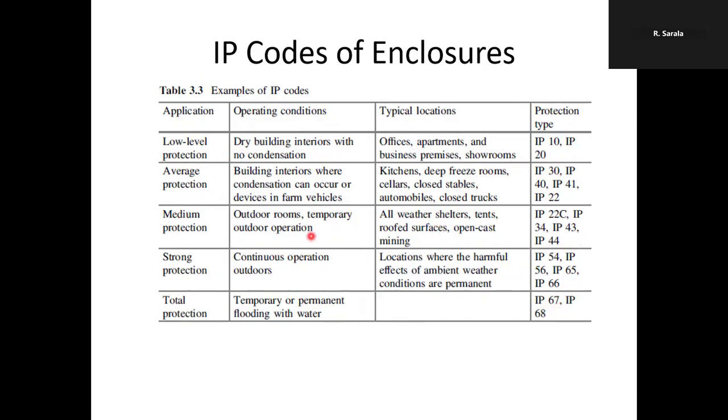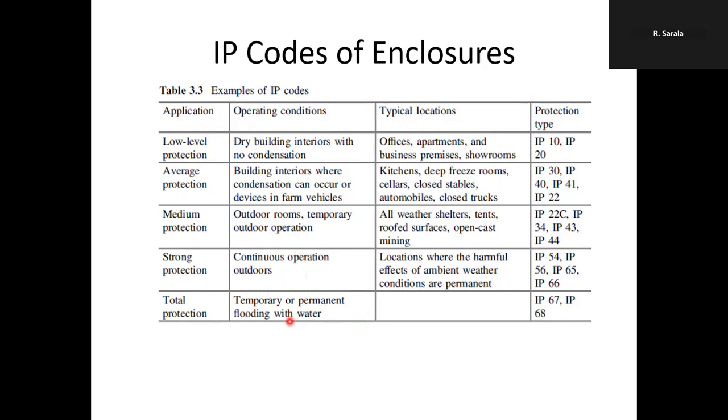So it may be operated in different environmental conditions, that is dry building interiors with no condensation; building interiors where condensation can occur, or devices in vehicles, outdoor rooms, temporary outdoor rooms, continuous operation outdoors, temporary or permanent flooding.